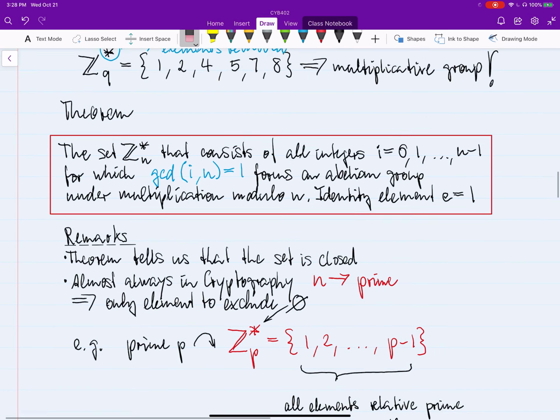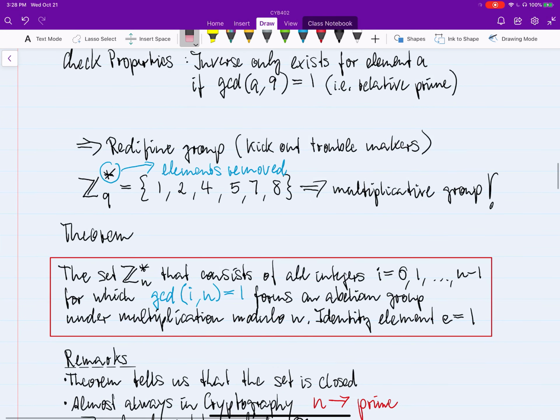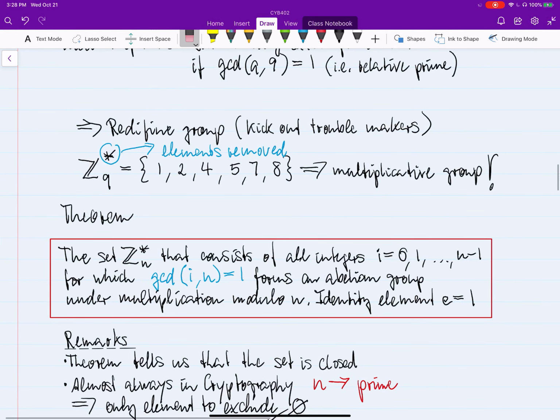So this is kind of surprising when you think about it. It sounds good, but remember, what we did is we kicked out 3, we kicked out 0, we kicked out 6. And now we can apply our group operation to any pair of the remaining elements, and never does any of these operations, whatever you do, yield a result that is 3, 6, or 0.